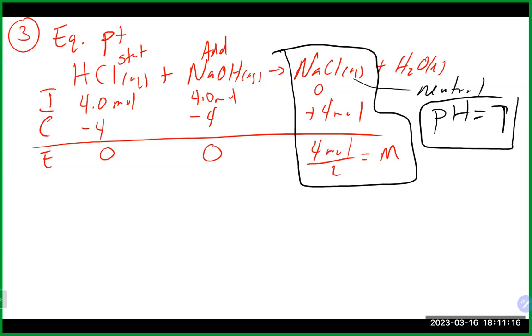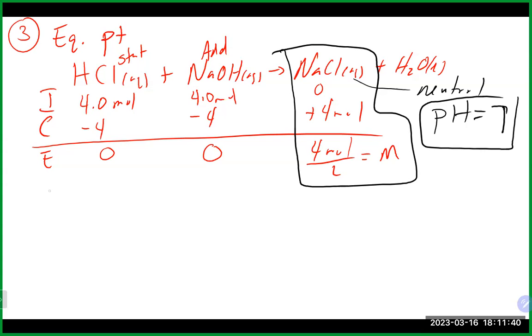Now let's talk a little bit about, while we're talking about the equivalence point here, how we could figure out the volume to reach the equivalence point. If it is not given to you, how would you be able to figure out the volume? Let's just say they give you the molarity of your base. They give you the molarity and volume of your acid.